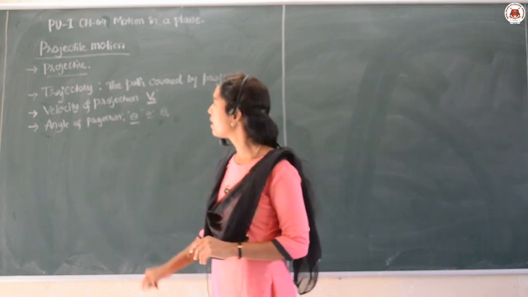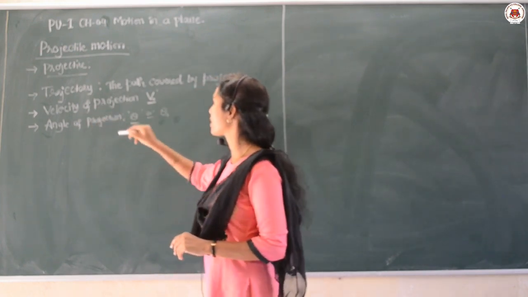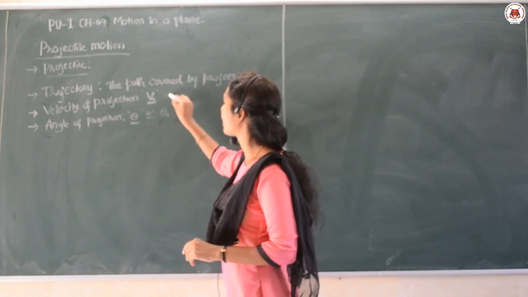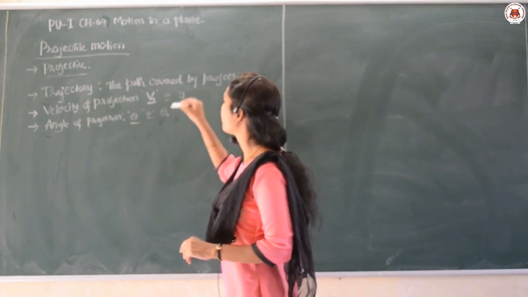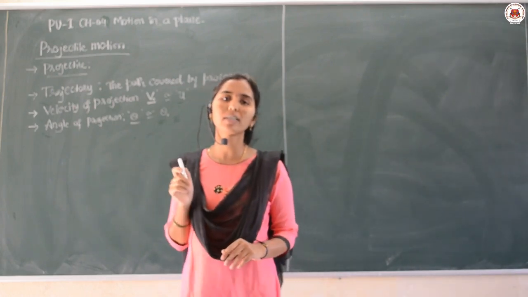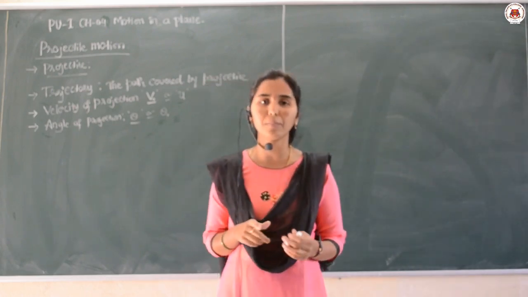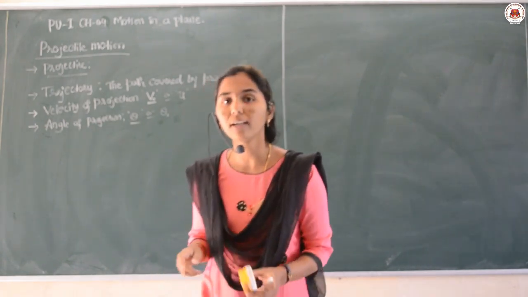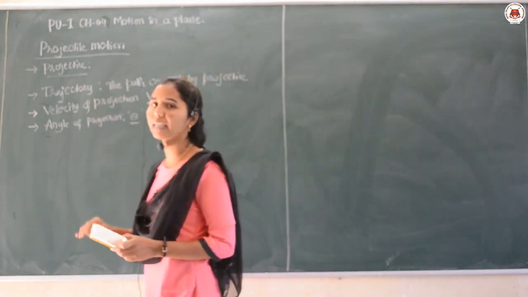Also in some textbooks the velocity of projection is represented by u, that means the initial velocity with which the object or body is projected. I hope these points are clear to you.